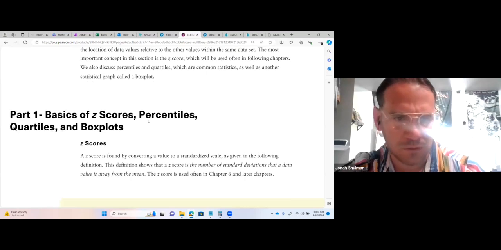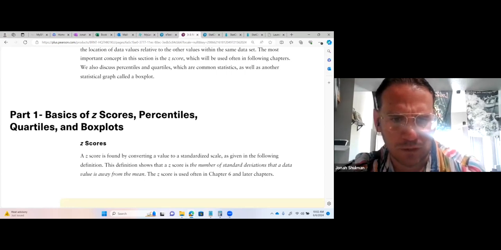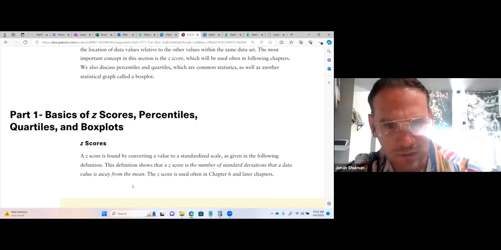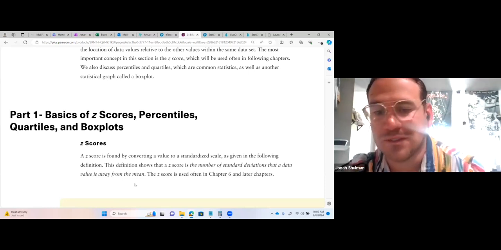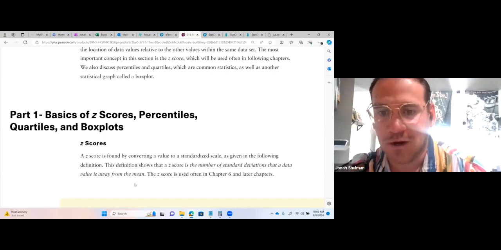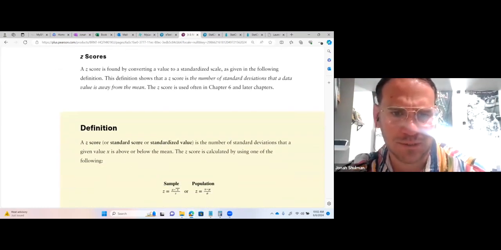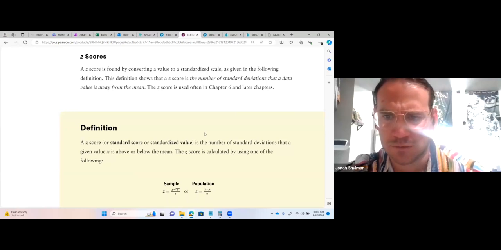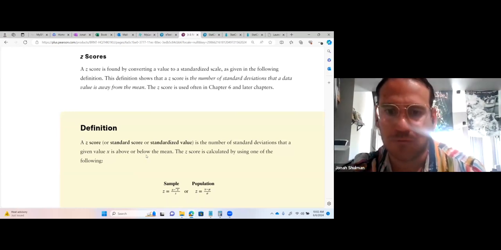All right, so what is the z-score? The z-score is found by converting a value into a standardized scale, as given in the definition. The definition shows that a z-score is the number of standard deviations that a data value is away from the mean. So remember, when we're more than 2 z-scores away, guess what it is? It's an outlier. A z-score, or standard value, is the number of standard deviations that a given value x is above or below the mean.